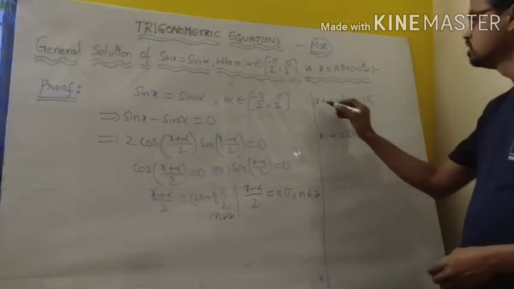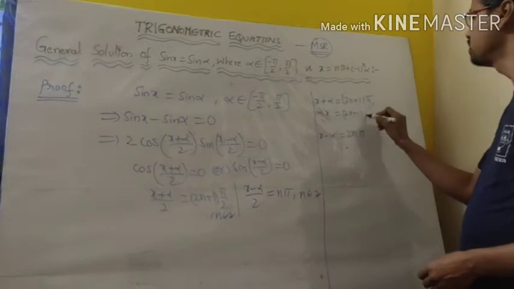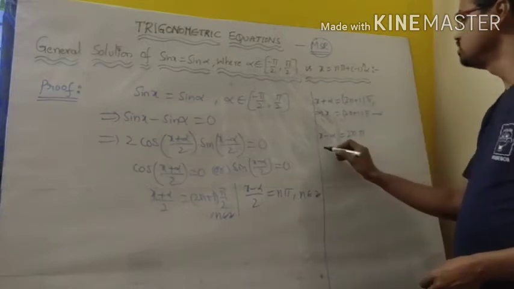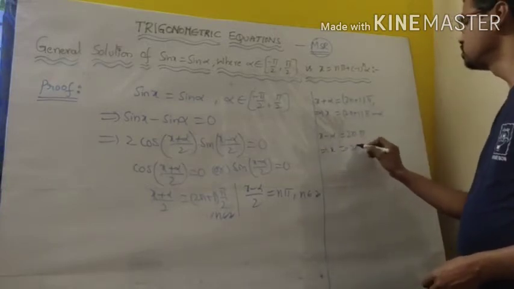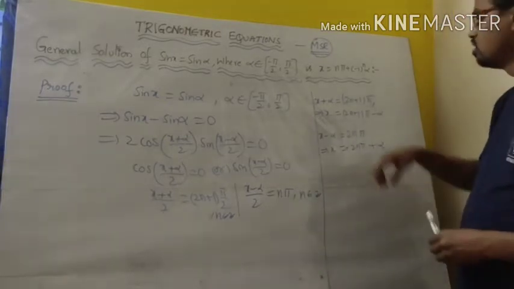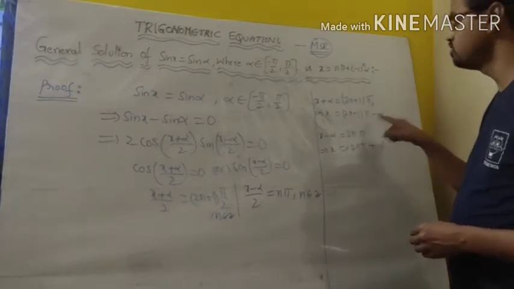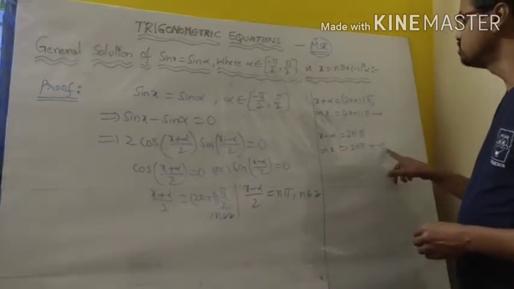Now from this, what is x? x equals 2n plus 1 into pi minus alpha. And from the other, x equals 2n pi plus alpha. So now how will you combine these two equations? x equals odd multiples of pi minus alpha, and x equals even multiples of pi plus alpha.